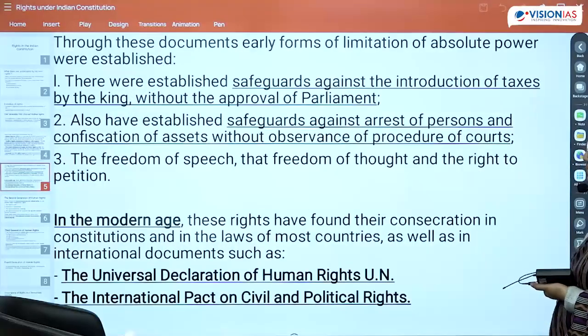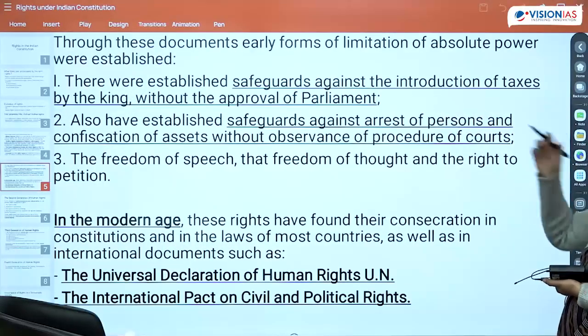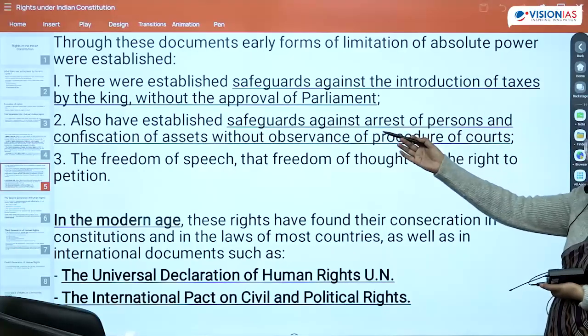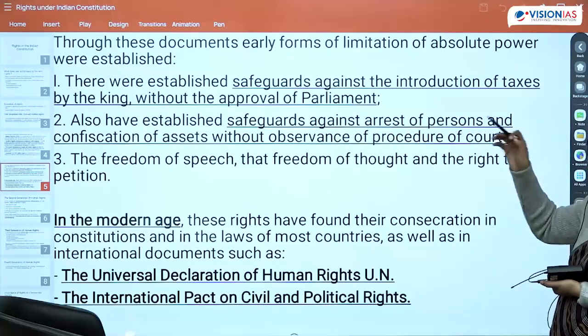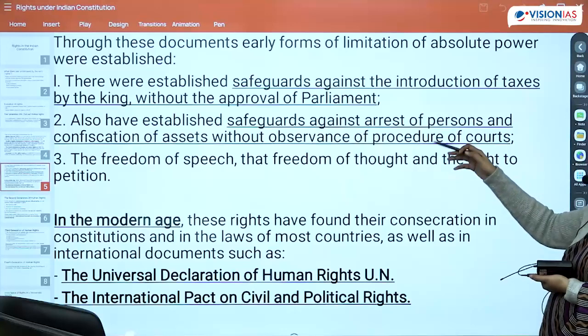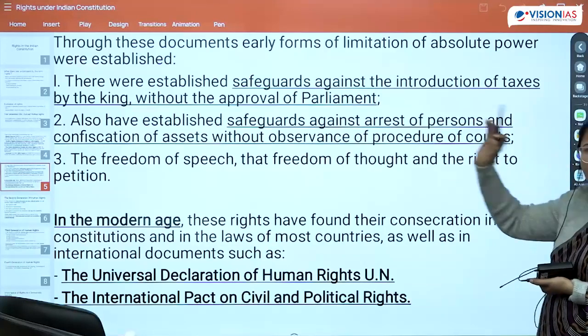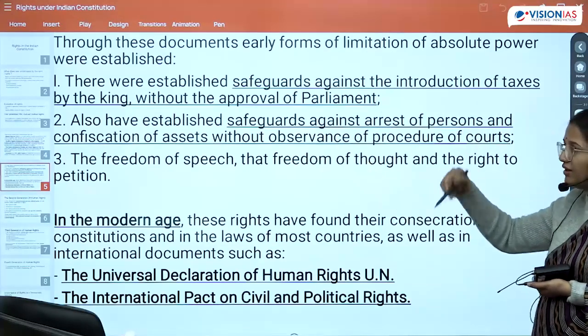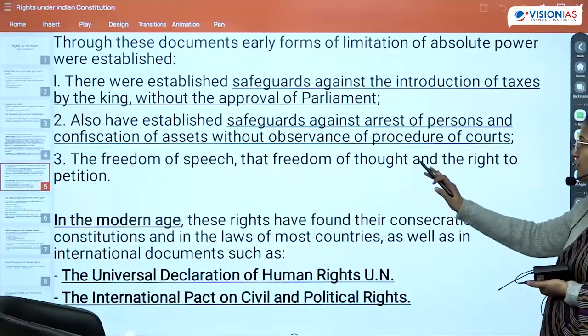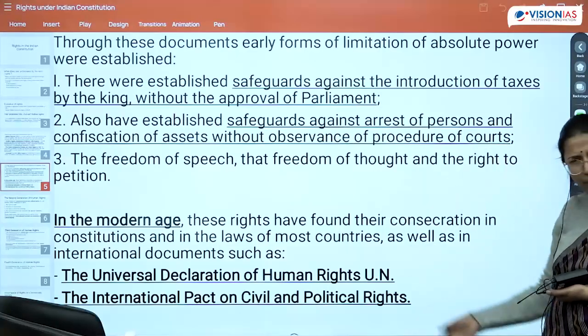Fine. So they provided safeguards against introduction of taxes by the king without approval, arbitrary taxation, safeguards against arbitrary arrest, arbitrary confiscation of your assets, freedom of speech, freedom of thought, right to petition.